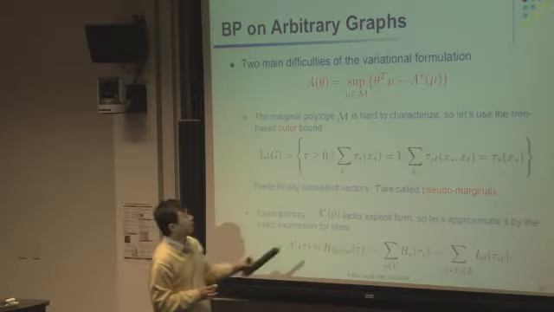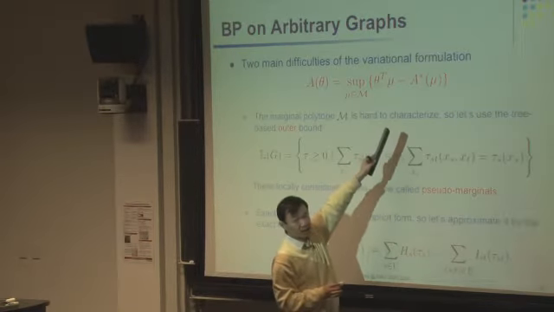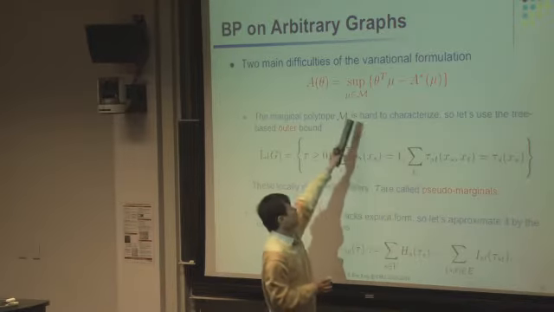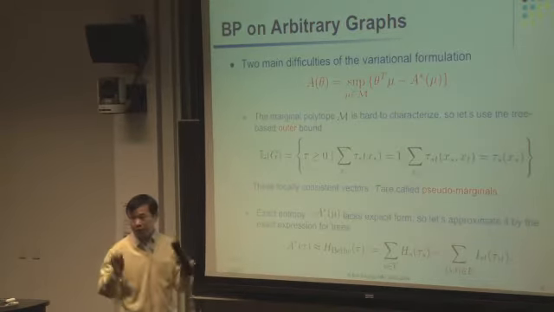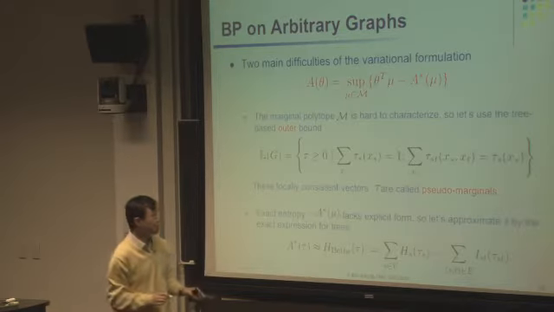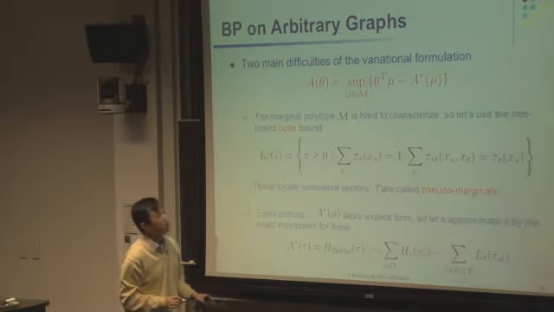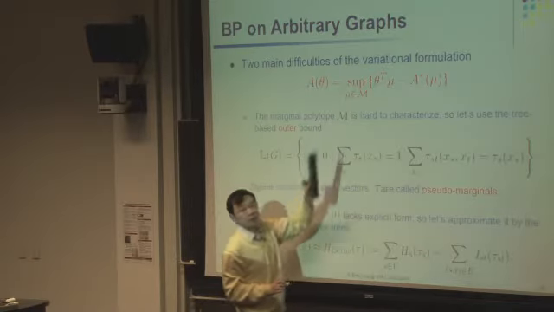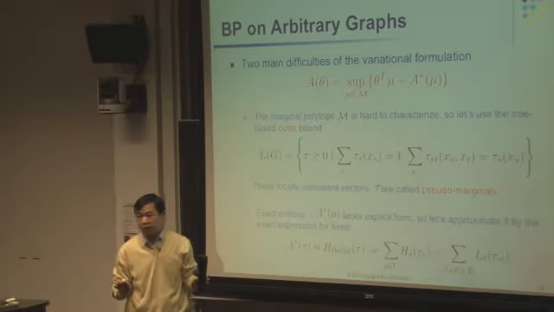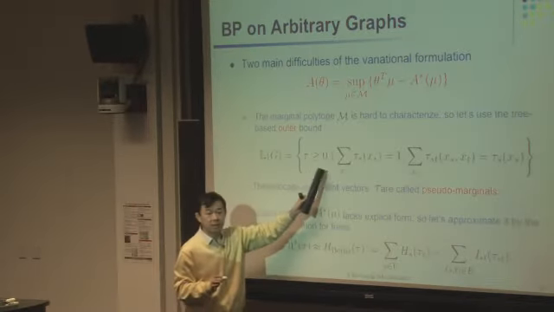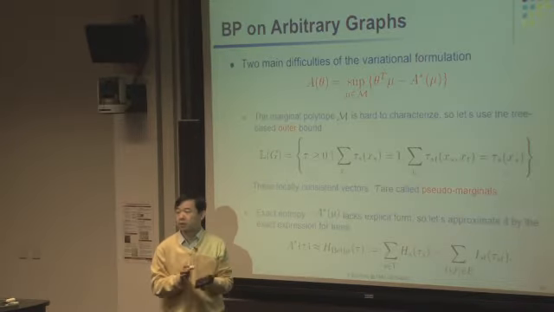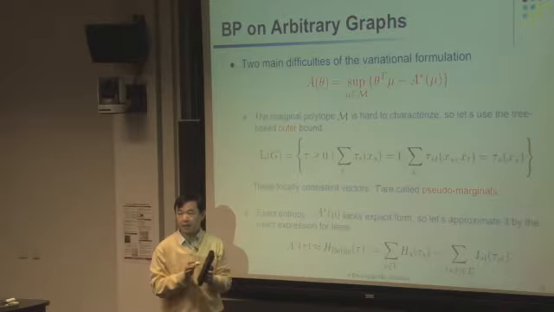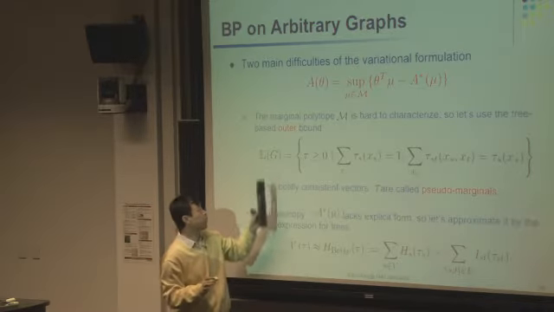On an arbitrary graph, this one cannot be expressed in closed form, and that one cannot be expressed in closed form either. And therefore, we introduce two approximations. The first approximation is that, even though we don't know the M exactly, we're just going to use the local consistency inspired by the tree to define a space for the mu.